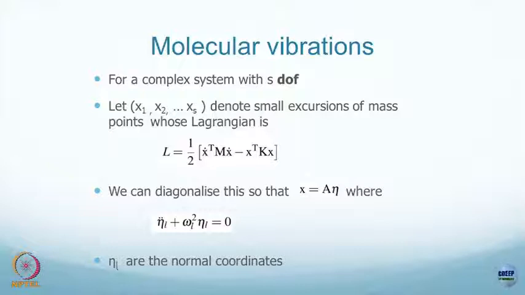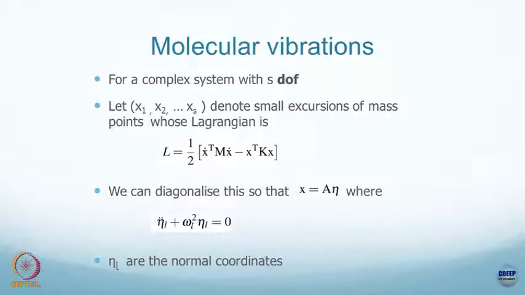So, those are what we call excursions of mass points, and typically you will have a Lagrangian which is dependent on x1, x2, xs, which I put as a column vector and row vector. In between there will be a matrix, so that this whole thing will be some kind of a number, right?